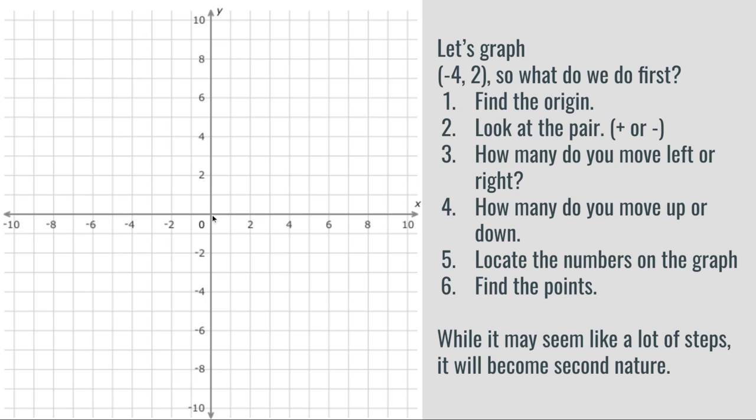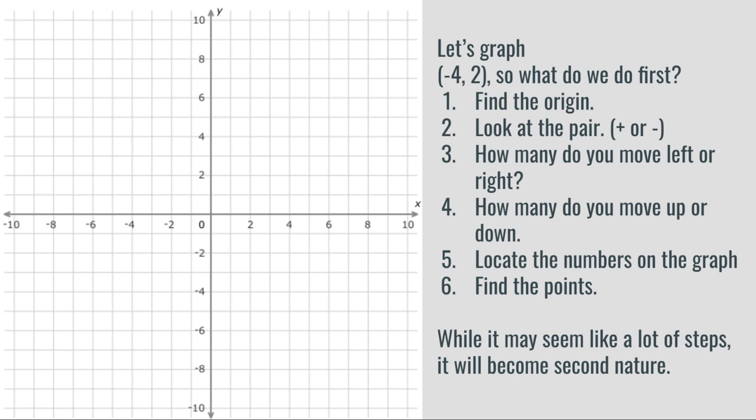Look at the pair. We have -4, +2. What quadrant would that be in? Correct. Quadrant 2. So we know it's over here. How many do we move left or right?